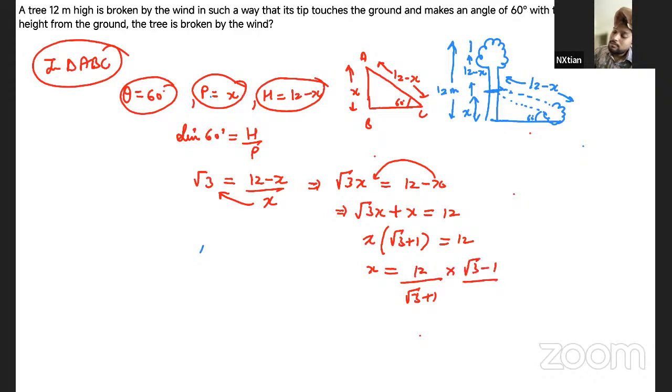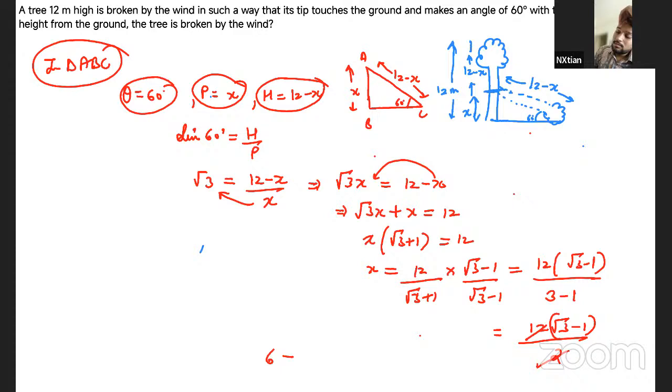Multiply by root 3 minus 1. It will become 12 into root 3 minus 1 upon a plus b, a minus b, means root 3 square, which is 3, minus 1 square, which is 1. It will become 12 root 3 minus 1 upon 2. It will become 6 root 3 minus 1.